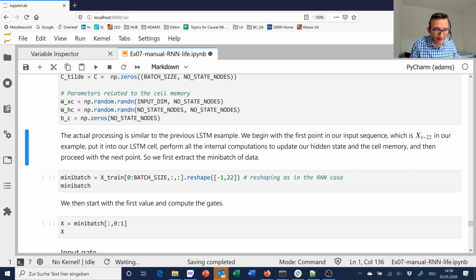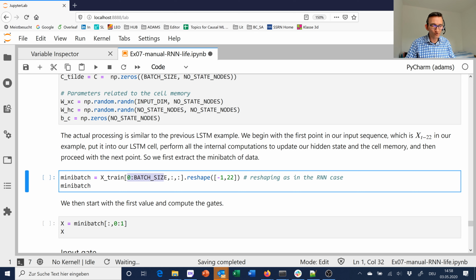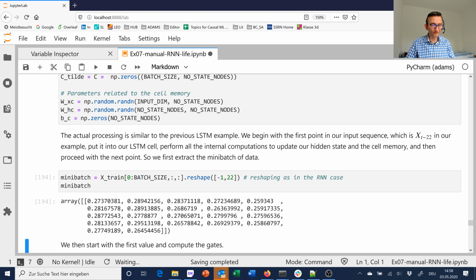But now we have set them up, we can look at the computations. Again, starting from a mini batch, we are pulling out a number of observations, as many as we want in our mini batch, and we reshape that to the format that we want to have, these 2D arrays we are basically creating here, that are 1 by 22 elements. That is my single input X, as before, my whole sequence.